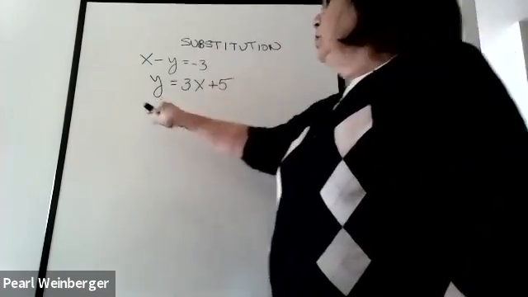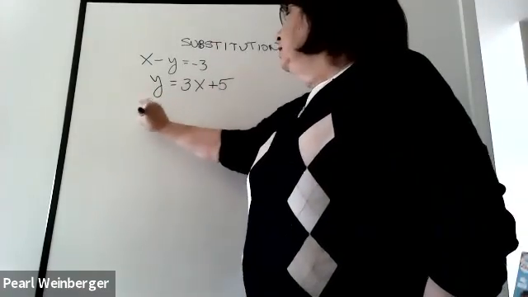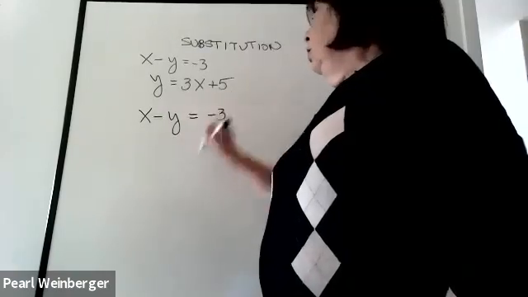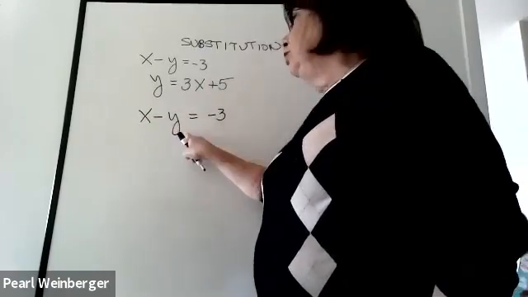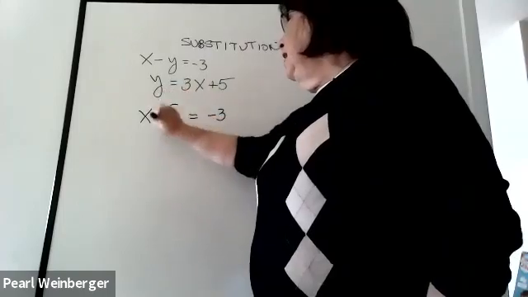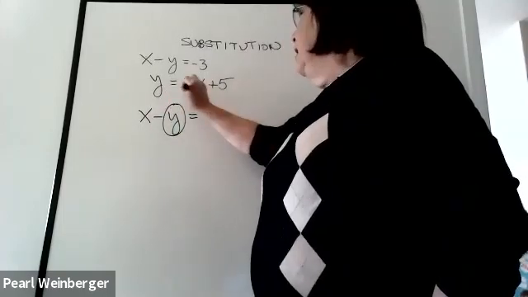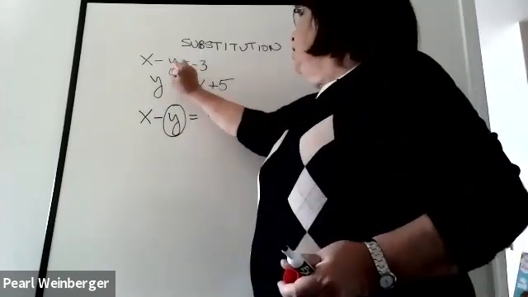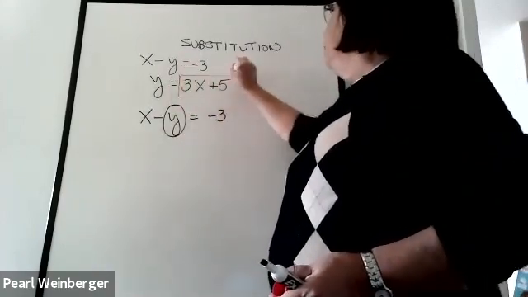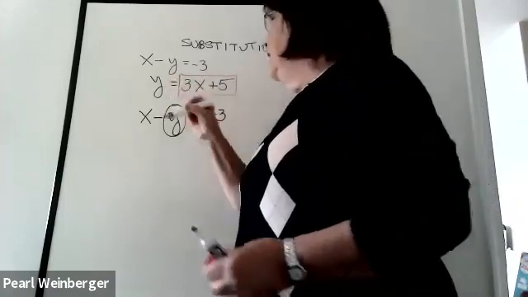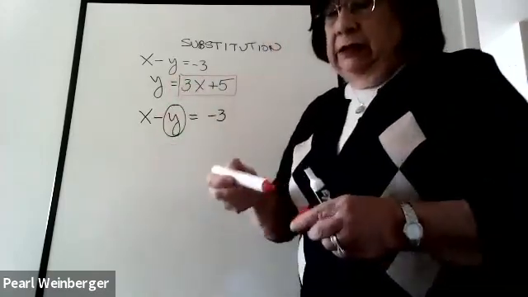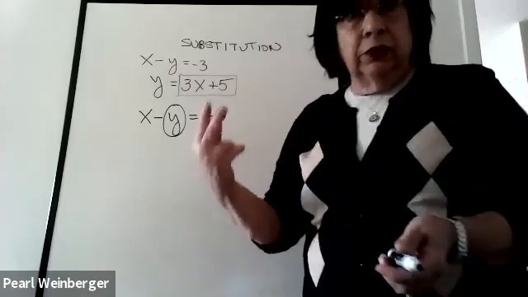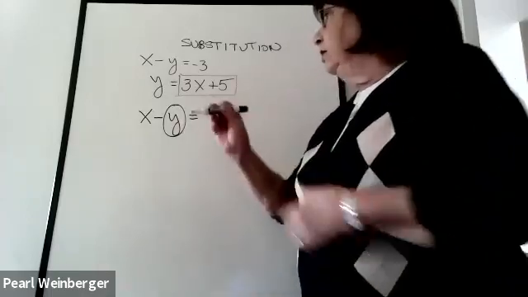So if I go to my first equation, x minus y equals -3, which I can't solve because I have two variables, I can remove the y and replace it with its other name, which is 3x plus 5. And the advantage of doing that is that then I'll end up with an equation that doesn't have two variables, it'll just have the variable x.